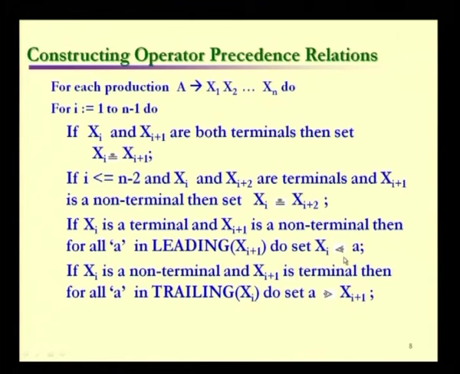Now, this algorithm is telling that there are 4 steps available. The first step says how do you set the equal relation provided two consecutive terminals are there. And the second step says once again how do you set the equal relation provided a terminal followed by a variable immediately followed by a terminal, that is two terminals separated exactly by one variable. And the third step is how do you denote the left end of the handle, and the fourth step is how will you denote the right end of the handle.